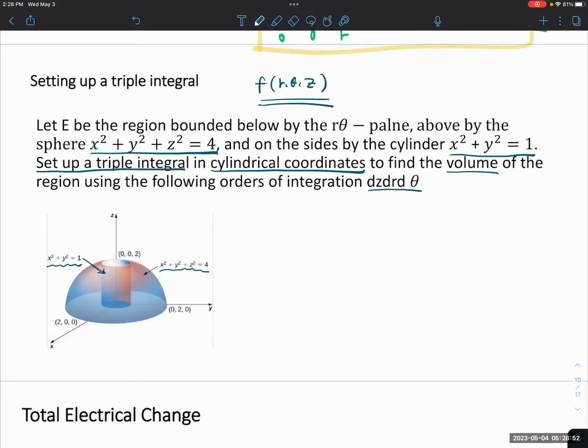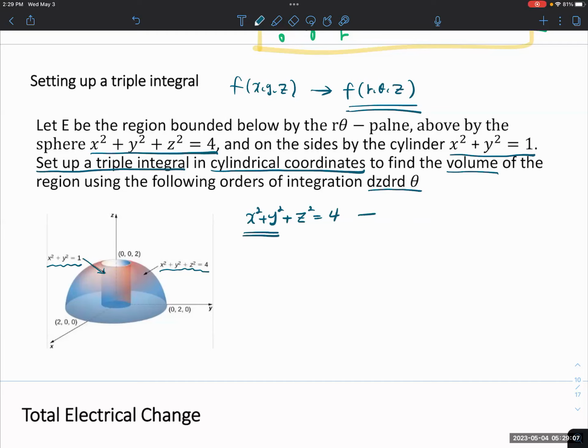Because we want to convert whatever xyz into the cylindrical coordinate. So we have x second, y second, z second equal to 4. I can convert this to r second plus z second equal to 4. So then you can leave it there for now.